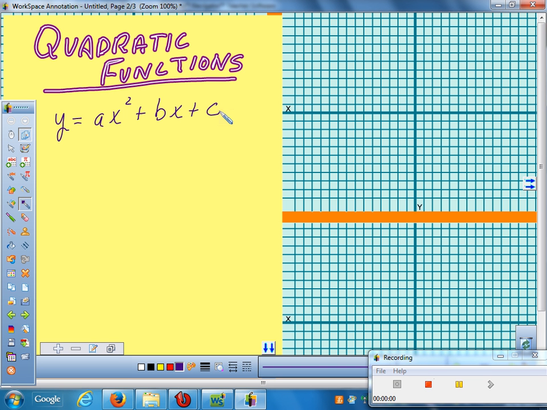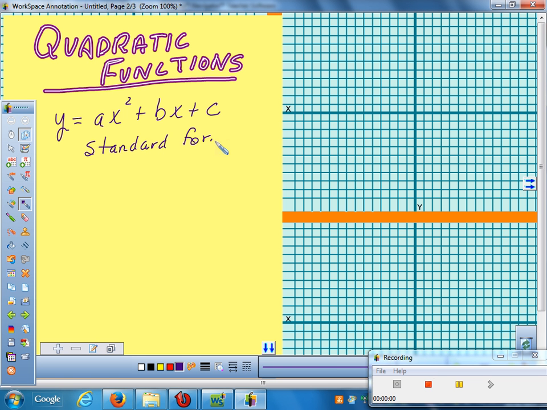And everything changes once you start putting powers on things. The graph goes totally different. You will not draw lines again. Everything from here on out is curves. If you start putting powers on your variables, you get curves. So this is not going to be a line, and it is going to be quadratic. So to be quadratic, by the way, this is what we call standard form.